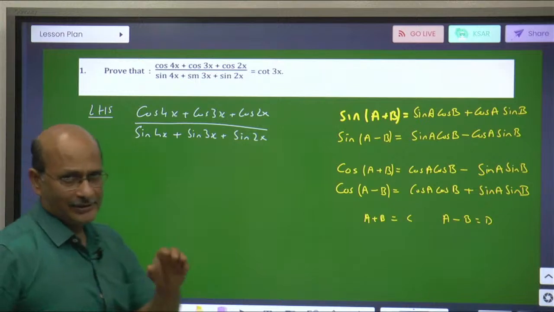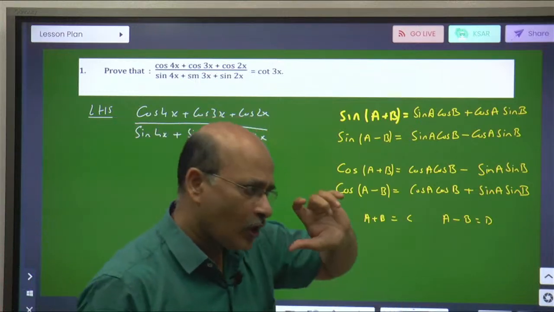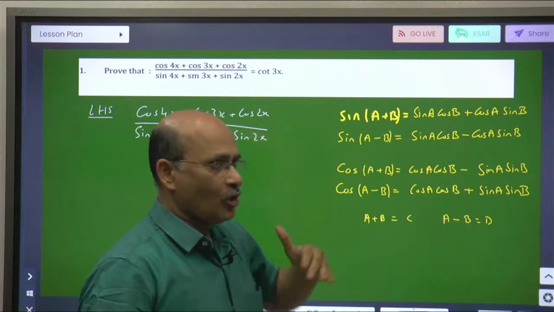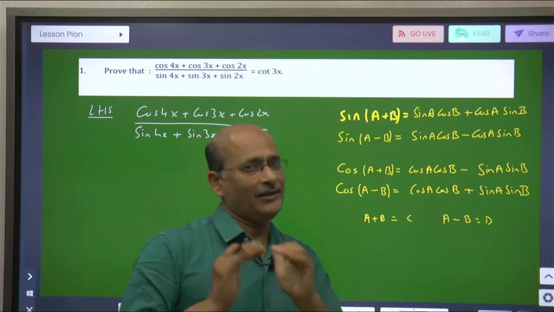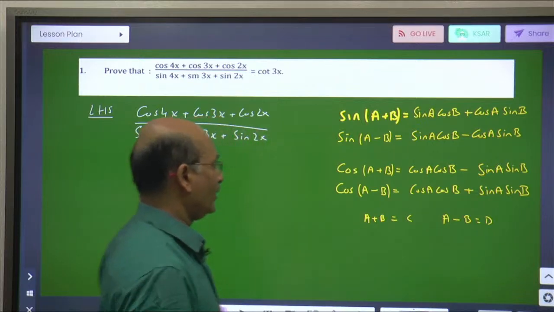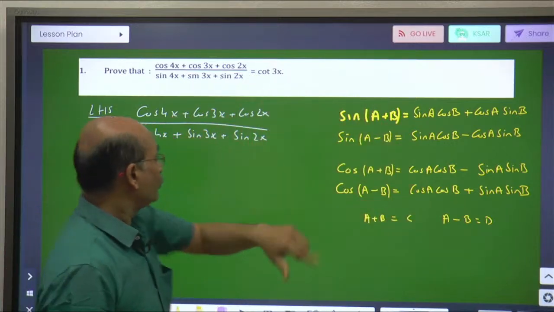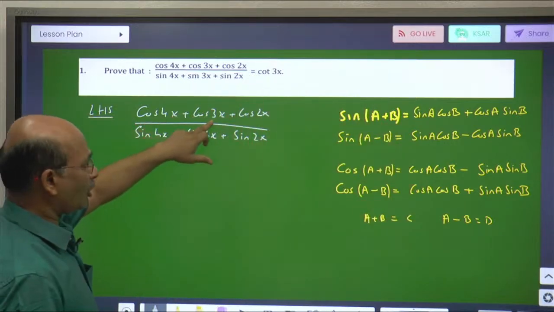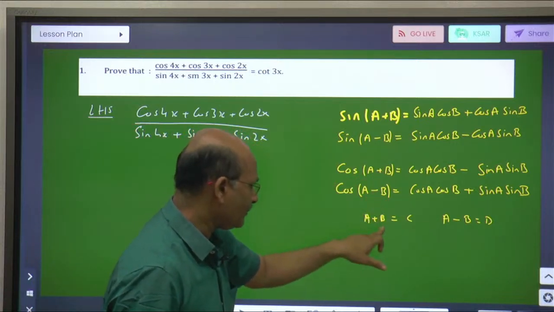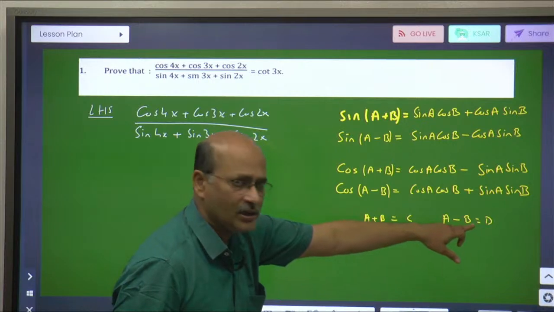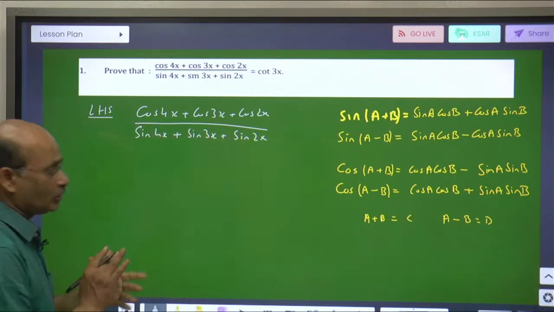Today's lecture is very important because I am going to tell you what the line of thinking should be. Normally students get confused about which formula to apply, so I am going to play an important role in helping you understand. If you see this, none of those formulas can apply, but you can see cos C plus cos D, where a+b is C and a-b is D. So if I add this cos, now bear attention.